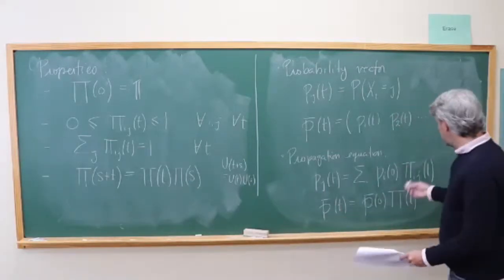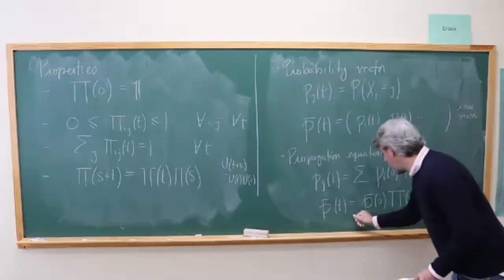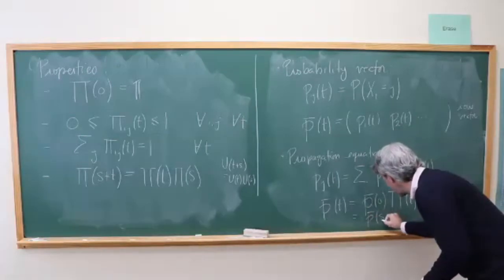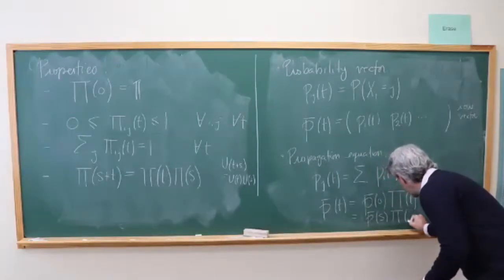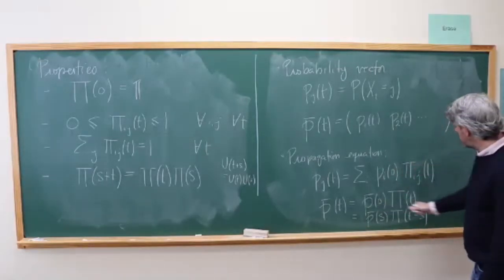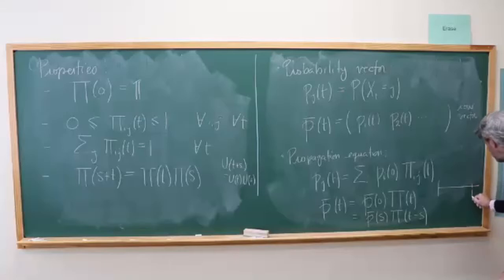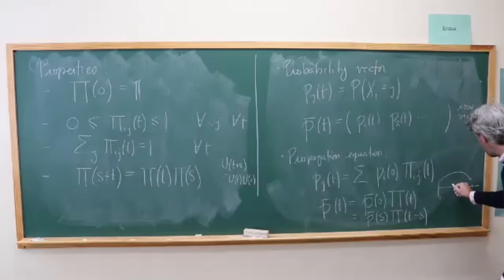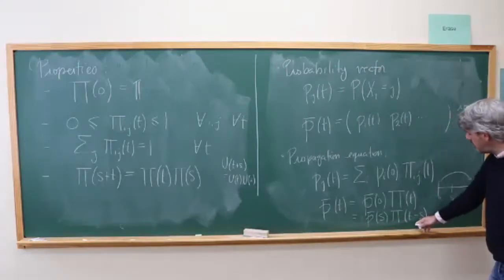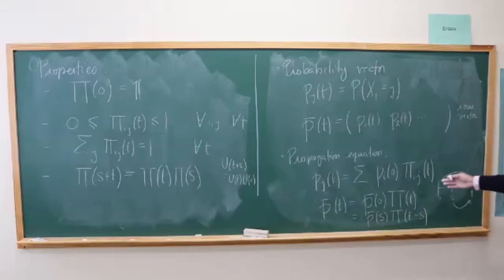Now, because of the semigroup property, the Markov property, I can also write this as, instead of starting at 0, I can start at any time s, and here I will propagate with t minus s instead. So if I start at time 0 and I want to reach a time t, I can make a full transition from 0 to t, or if I know the state at some intermediate time s, I can make a transition instead from s to t. And so I start at s, and the remaining time for the jumps will be t minus s. So this is the Markov property.